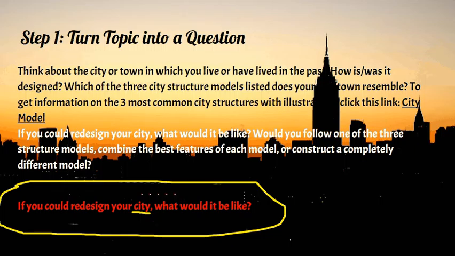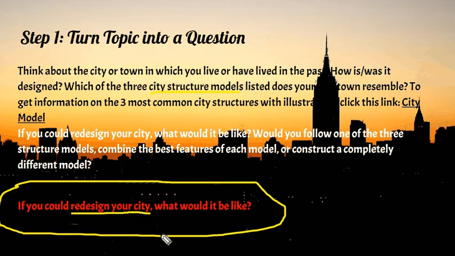And this is the important thing. You're writing an essay about a city, not city structure models. Yes, this city structure model stuff might have something to do with it. Your essay may have something to do with that. But at the end of the day, the single most important thing is you're going to be writing an essay on a redesigned city that you live in. So it's city. This is an essay about city, and it's important to understand that.